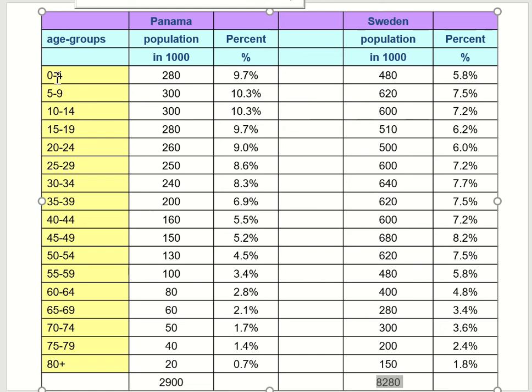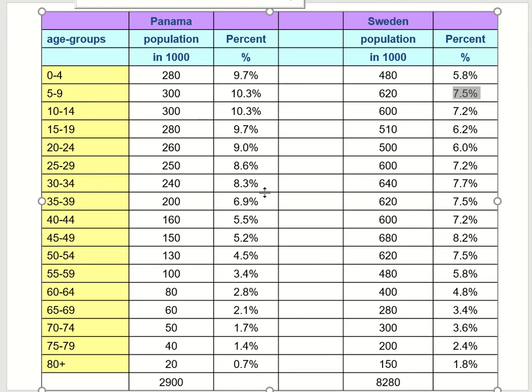So those ages 0 to 4 represent 9.7% in the Panamese population versus 5.4% in the Sweden population. So children or babies are more prevalent in Panama versus Sweden. Next is 5 to 9, 10.3% in Panama, 7.5% in Sweden.